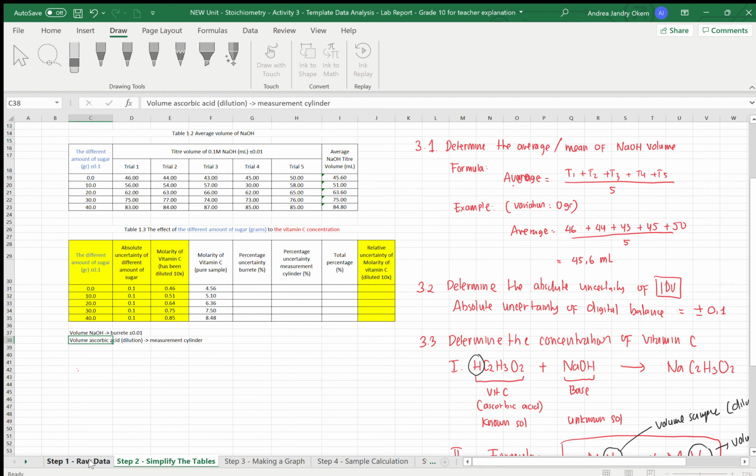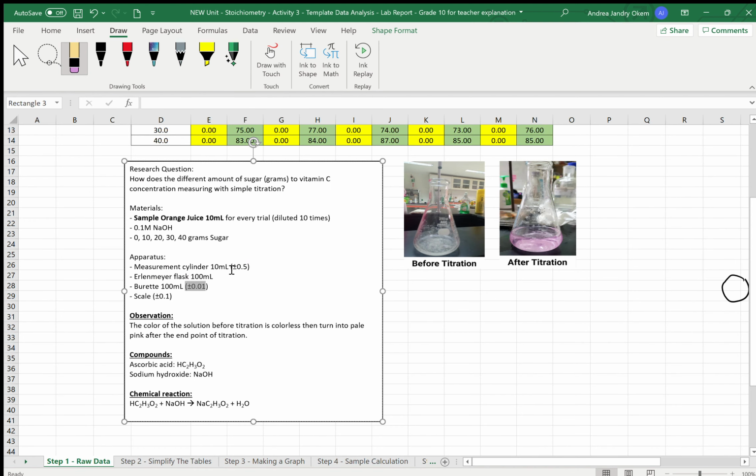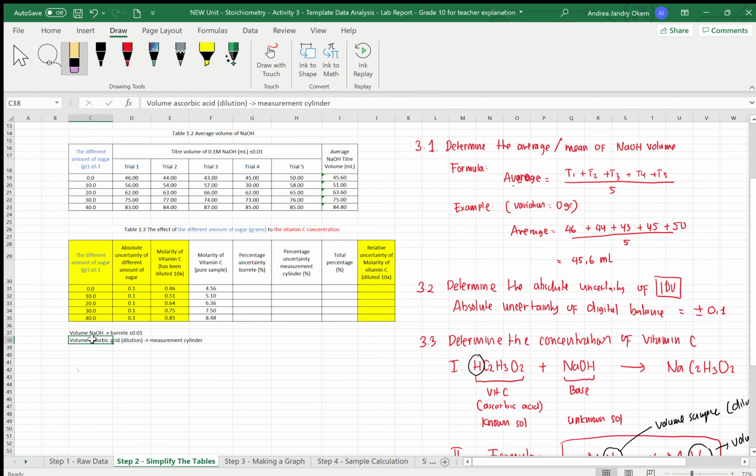The uncertainty of the measuring cylinder is 0.05. You can go back to the first sheet and see it in the list of apparatus. We put it here first.